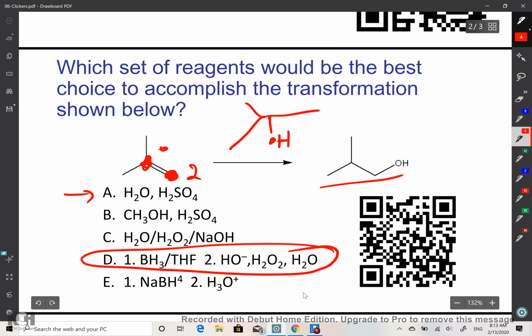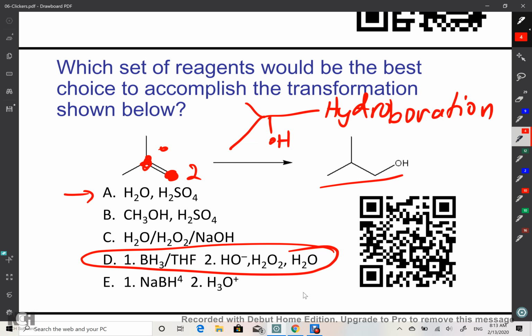So this is an anti-Markovnikov product. And for hydration, to form an alcohol using anti-Markovnikov, you need to do hydroboration. Does that make sense?